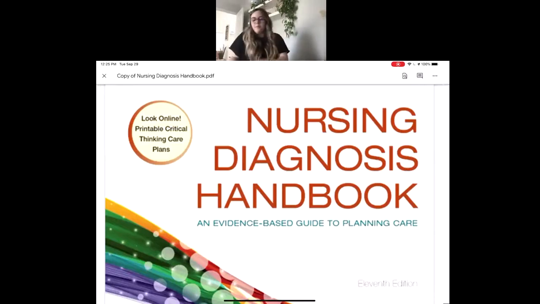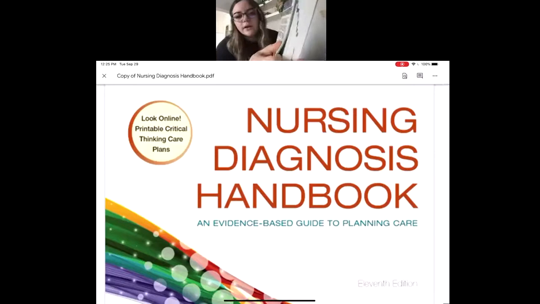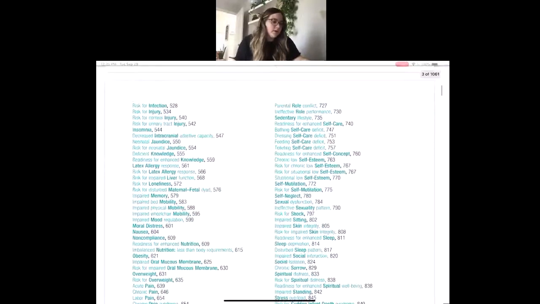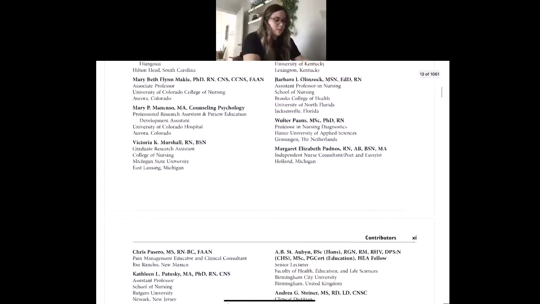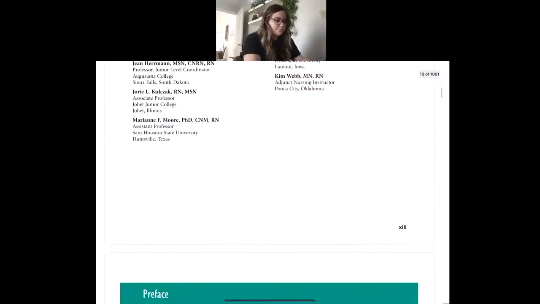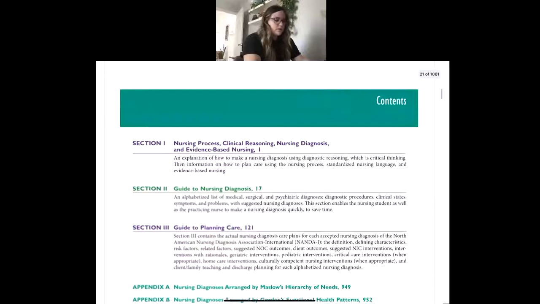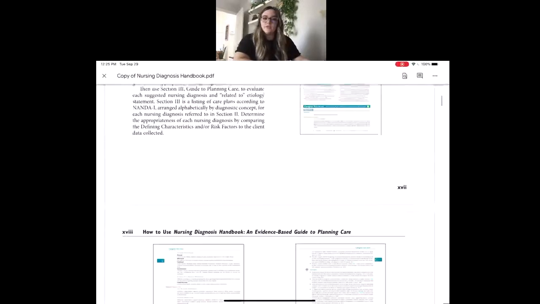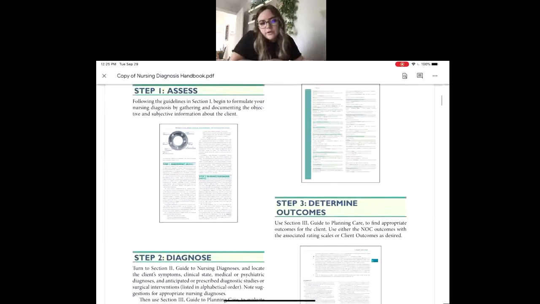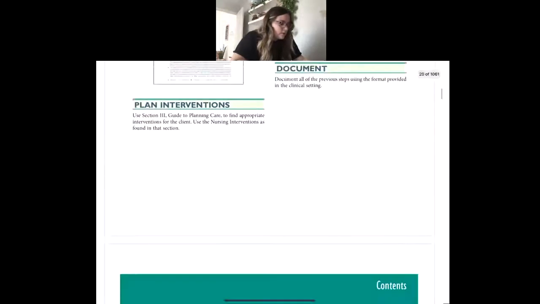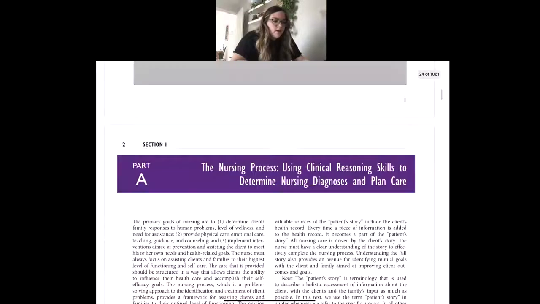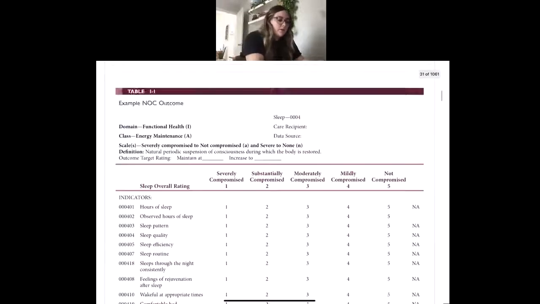So on the physical book, there's this front section that's green. There's also a section in the front that will teach you how to use it as well, but if you're more of a visual learner, just follow along with this video. So let's say our patient has pneumonia.